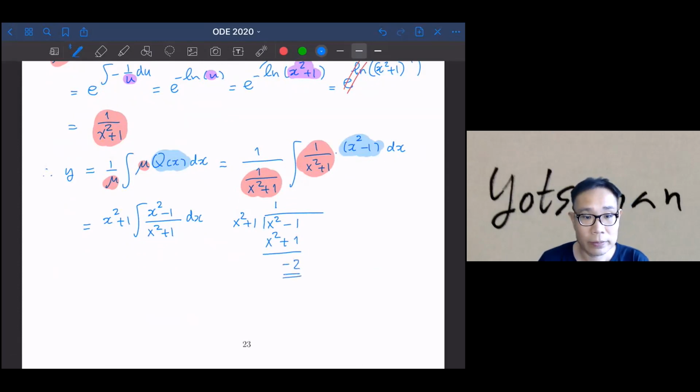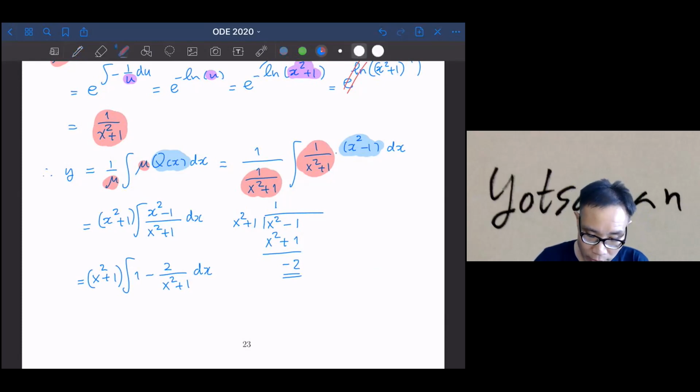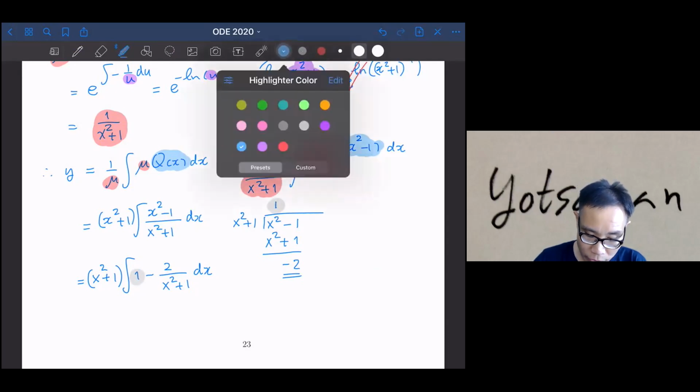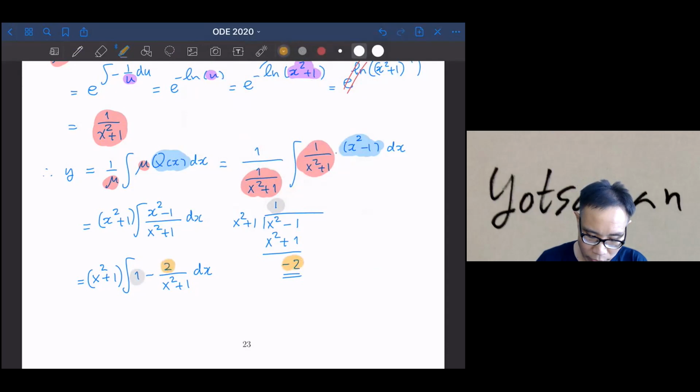So you put parentheses in front, and you have the integral of 1 minus 2 over x squared plus 1 dx, because the quotient equals 1 and the remainder equals negative 2.